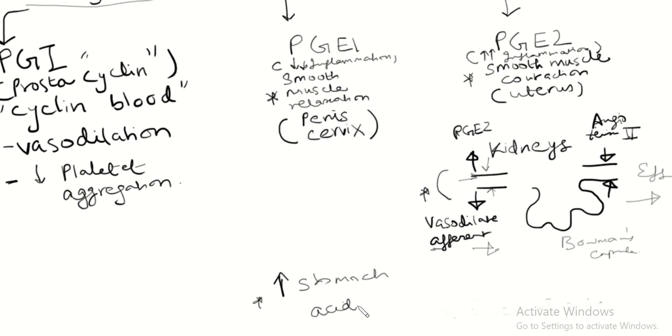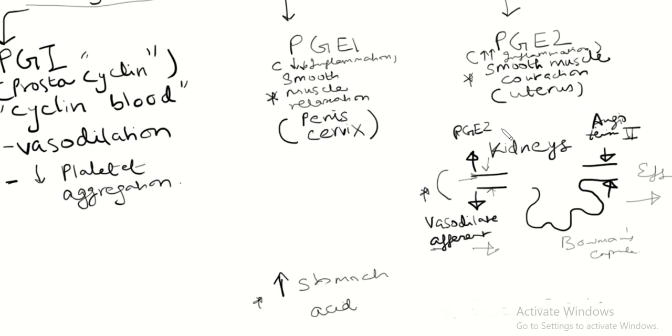And then the other one we didn't talk about was stomach acid. When you're resting and digesting, you want more stomach acid to be produced. So that's PGE1; that's what I would think about. And then PGE2 is smooth muscle contraction, like the muscle of the uterus.